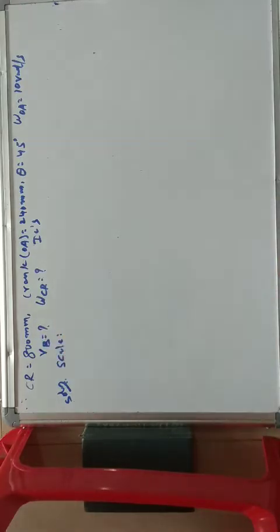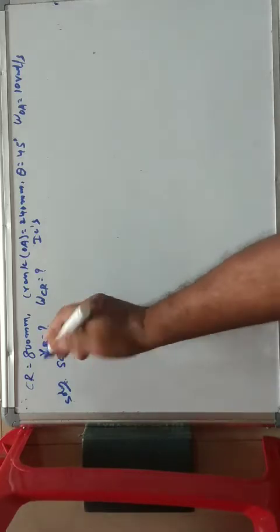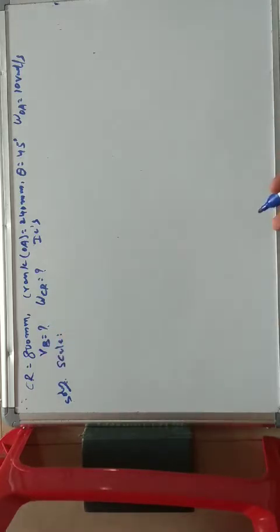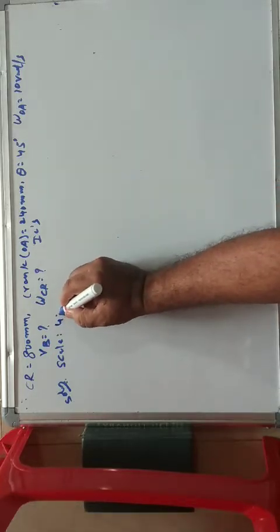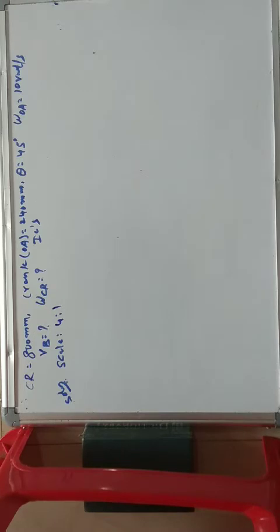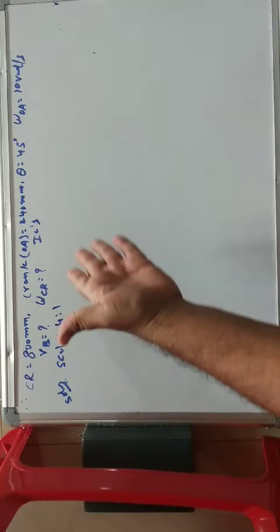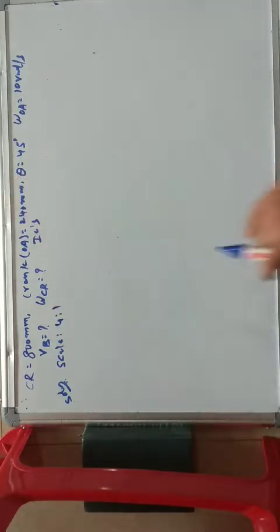You can consider a reduced scale of 2:1, or if you feel it is more, a reduced scale of 4:1. Then 800 divided by 4 is 20 centimeters, and the crank comes around 6 centimeters, which is well and good. So let me consider the scale as 4:1.